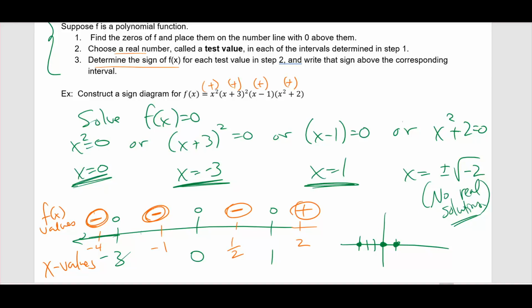In this region right here, between -3 and 0, we know that all those function values are negative, so we know that the graph has to look like this, right? If it's smooth and continuous, it's going to have to connect those dots in some way, and what we've shown with our test point is that any point between those two x values has to be negative, below the x-axis, right?